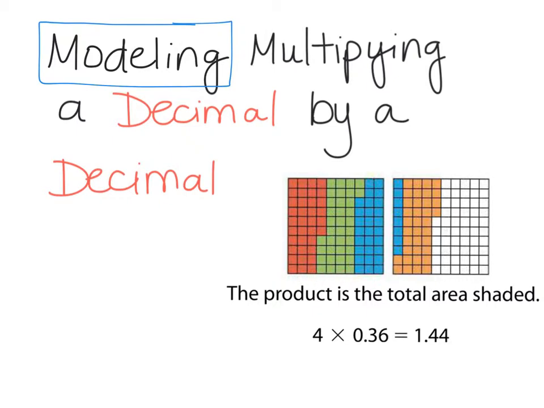But when you're thinking of it as a decimal representation, you're thinking of it as 1 whole, or just 1, divided into equal parts. Each one of these parts is one hundredth of the whole, and each column or each row is considered one tenth of the whole, just like a unit cube and a 10 long. So that's what a whole number times a decimal looks like modeled.